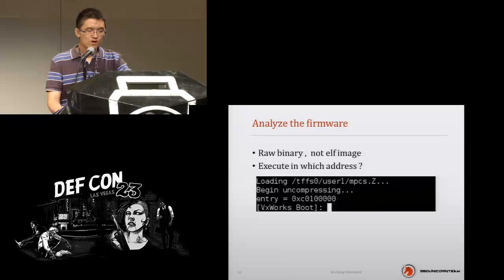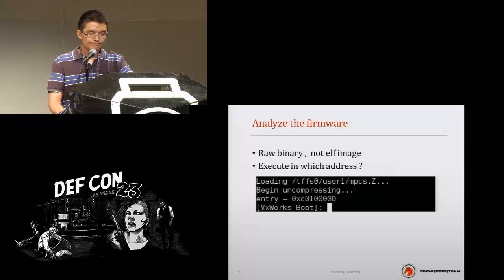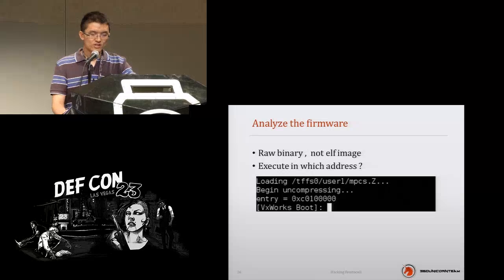And from the boot shell, we can use a command to load the mpc.z. We can see that this image has been loaded to C0100000. This is the address the VxWorks kernel executes from.